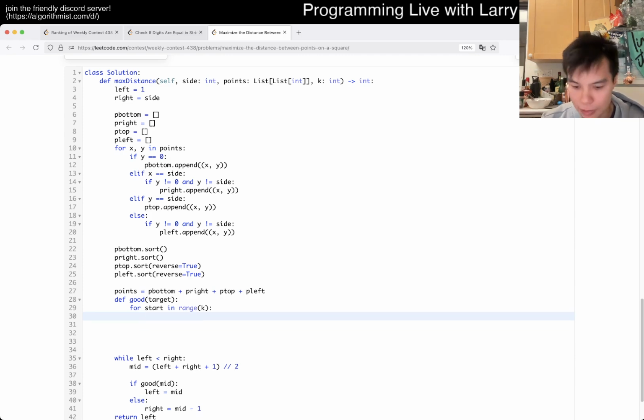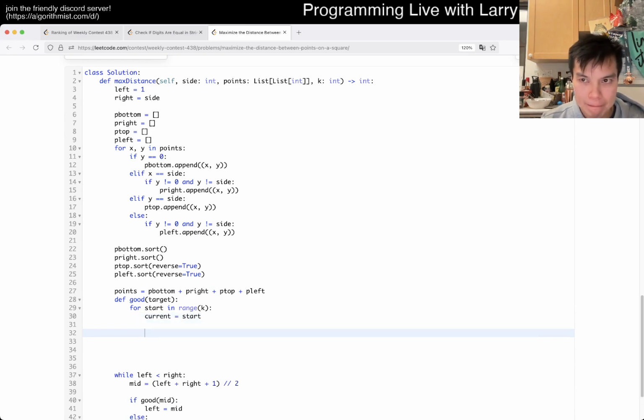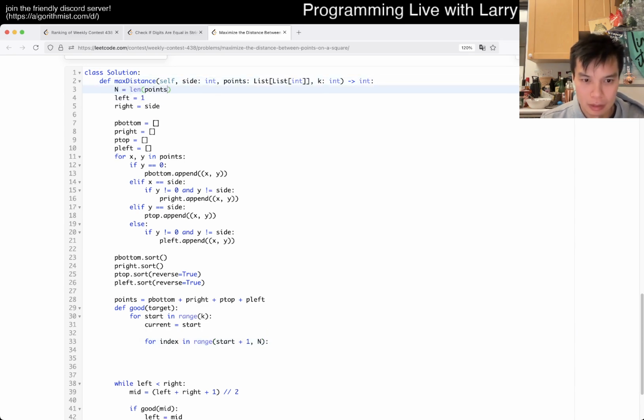We want to say current is equal to start, and then we want to go around, so for index in range from the start plus 1 to n, and I actually did define n.